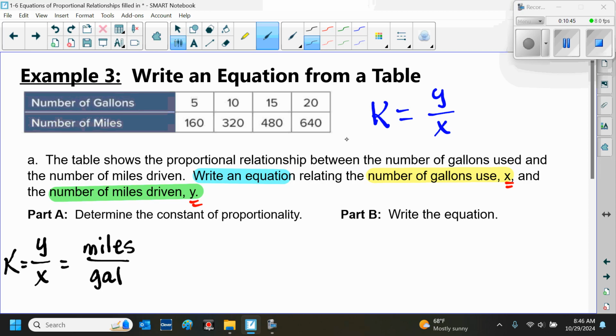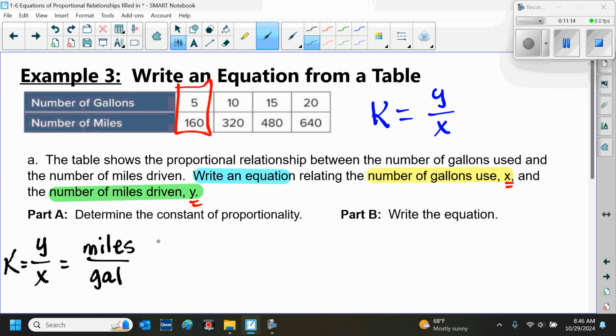When we are looking at our table, we have miles in the bottom row and we have gallons in the top row. Now, because it says that the relationship is proportional, that tells me that all of these ratios are going to be equal. And we'll check that, okay? Let's just start with that first ratio.